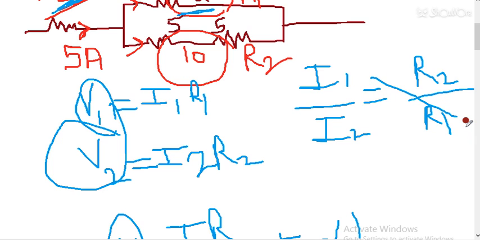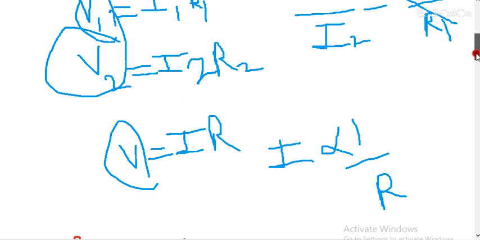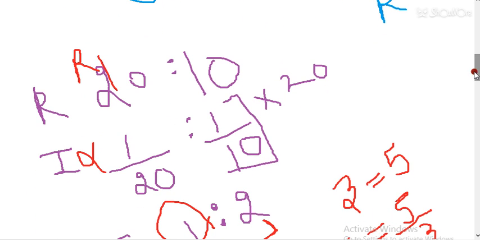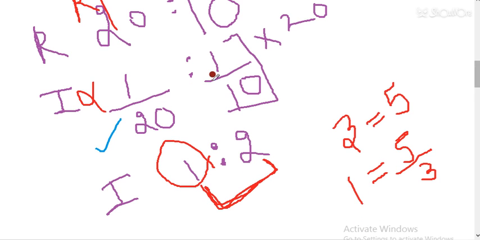You can follow this method also, V is equal to IR. If voltage is constant, then current is inversely proportional to resistance. So now the resistance ratio is 20:10, and the current ratio will be 1 by 20:1 by 10. We have to make it into a simple ratio, so we multiply it with 20 and this becomes 1:2.